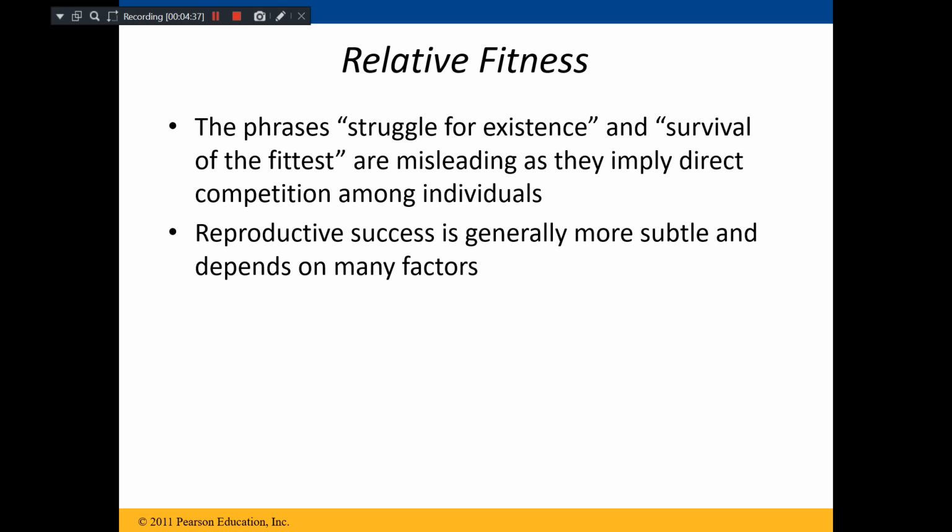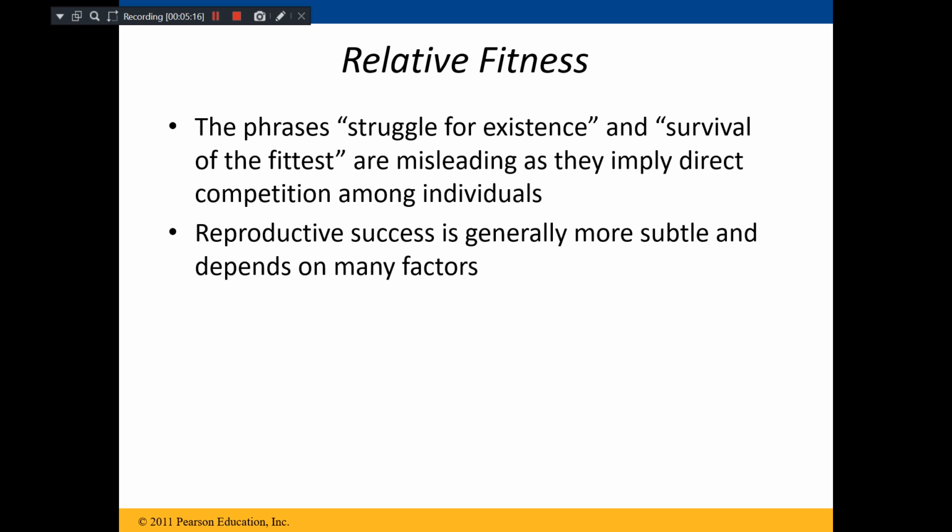Now, after having studied the synthetic theory of evolution, struggle for existence and survival of the fittest appears to be crude and misleading, because by hearing these two terms, we always expect a competition among individuals, and in the competition, only the fittest will survive. That's what we understood. First there will be a competition, that is the struggle. Struggle means you are fighting for your very existence, and that follows the survival of the fittest.